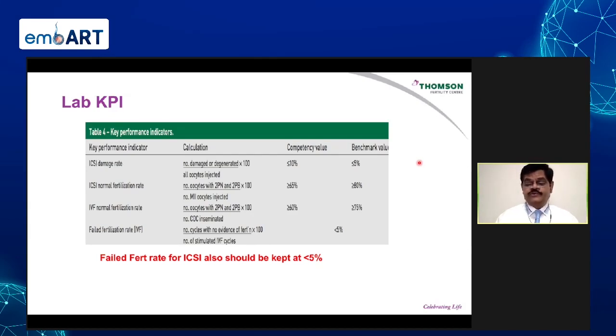And if you achieve more than 80%, you're excellent, right? So when it comes to IVF normal fertilization rate, it's the same way of calculation, but here it is number of cumulus oocyte complexes inseminated. When it comes to failed fertilization rate for IVF, it's recommended as less than 5% of the cases. I may recommend the same value for failed fertilization rate for ICSI also.